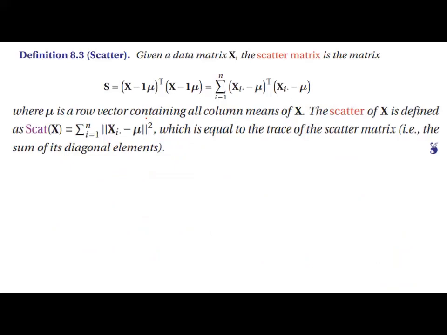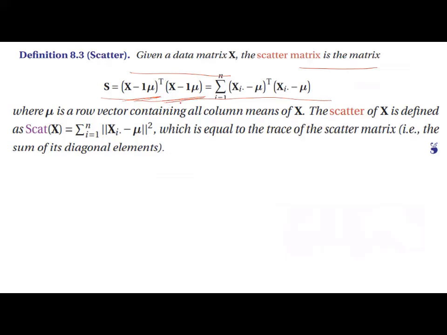Now, given a data matrix X, the scatter matrix S is equal to (X minus 1 mu) whole power T into (X minus 1 mu).